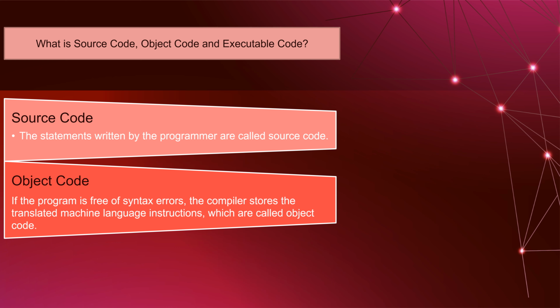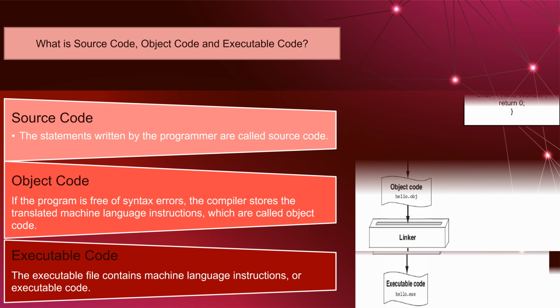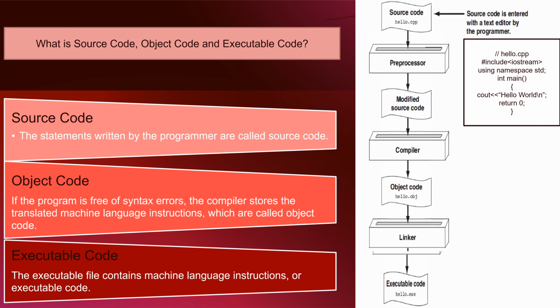Once the linker has finished this step, an executable file is created. The executable file contains the machine language instructions, or executable code, and is ready to run on the computer. This figure shows the process of translating a C++ source file into the executable file.